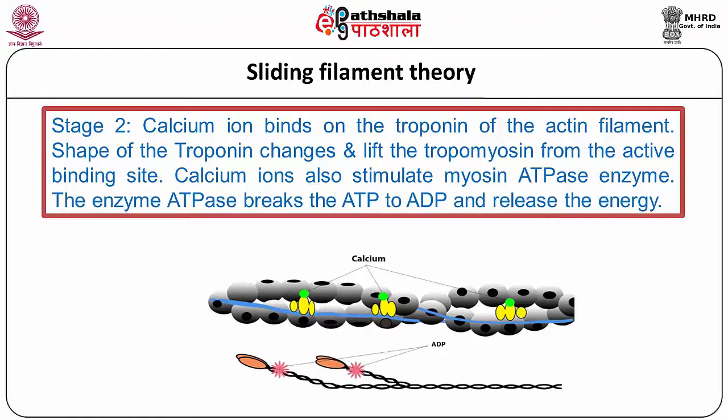At the same time, calcium ion that is released by the passing of the electrical impulse binds on the troponin molecule, and the troponin molecule pulls the tropomyosin thread a little upward to expose the active site of the actin molecule.